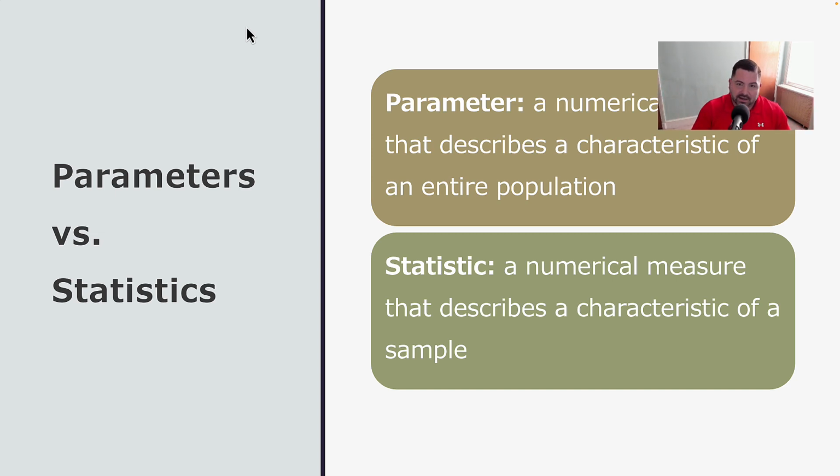A statistic is that same representation, but it is a numerical measure that describes characteristics of the sample, remember, the smaller subset of people from that larger population. So if we're able to measure an entire population, we call those parameters, but oftentimes we are forced to use a sample of people from the population. And so the way that we organize, analyze and interpret those data is what's called statistics.